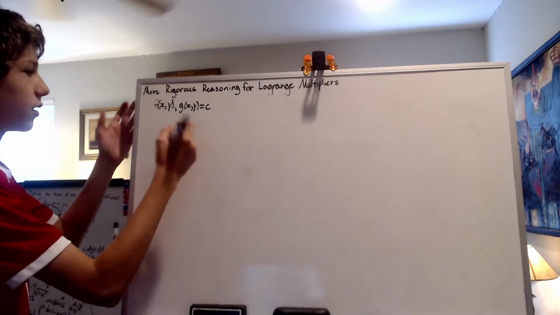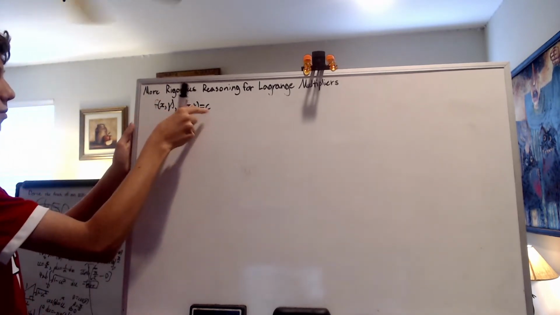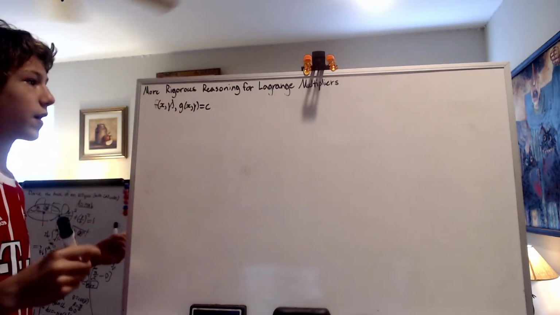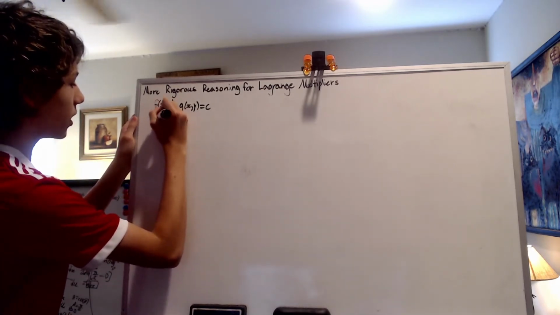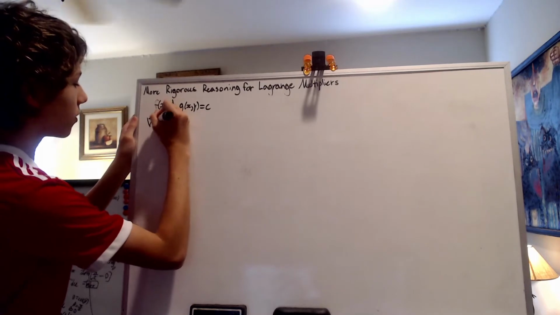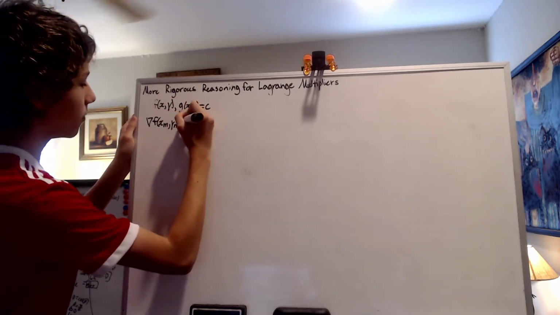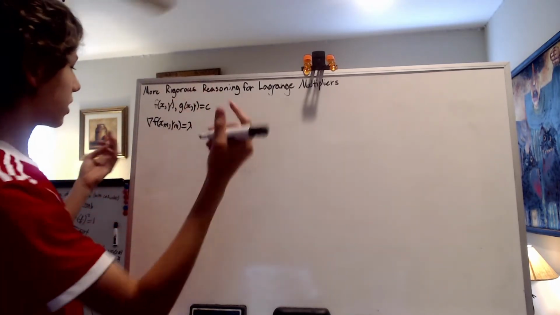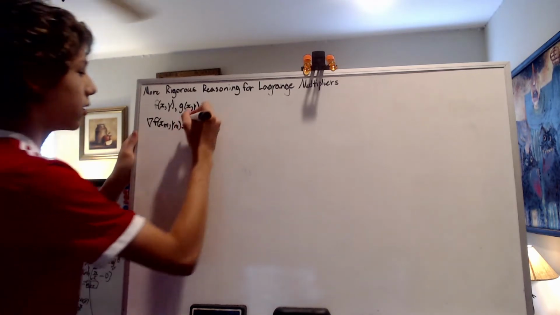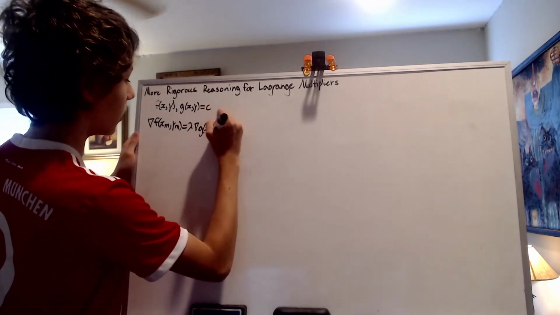Okay, and the Lagrange multiplier states that the maximum value, the ordered pair xm, ym, occurs at the following. It occurs when the gradient of f at xm, ym is parallel to the gradient of g at xm, ym.